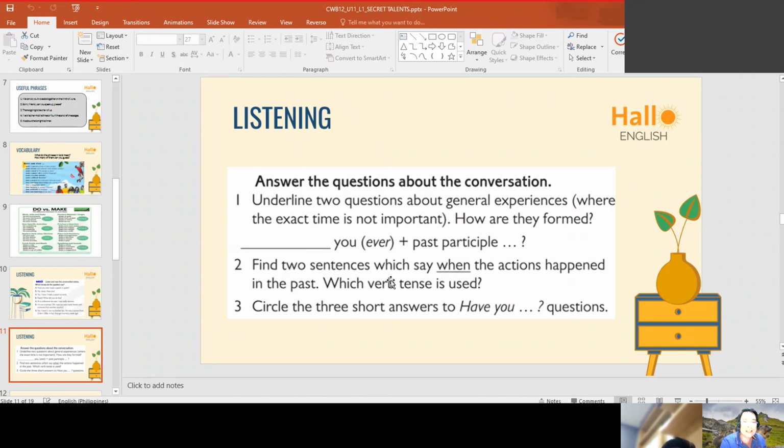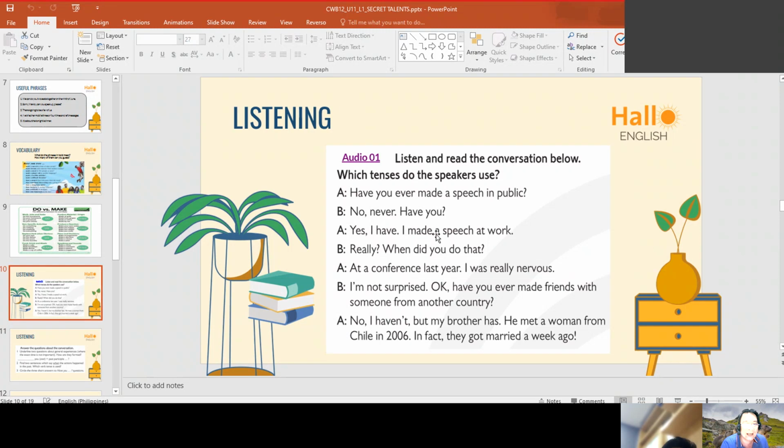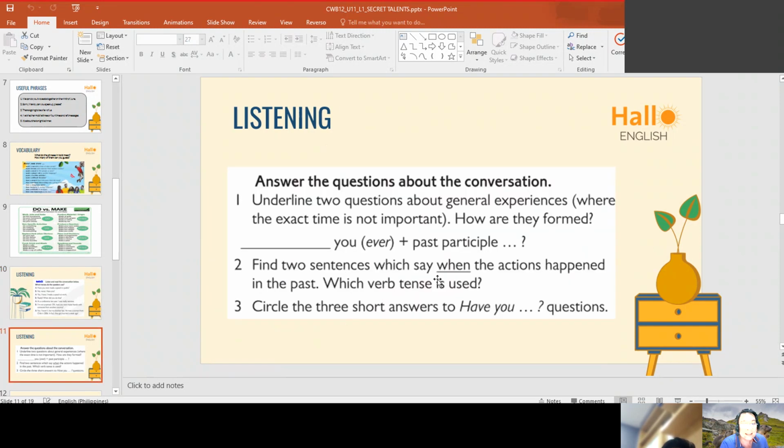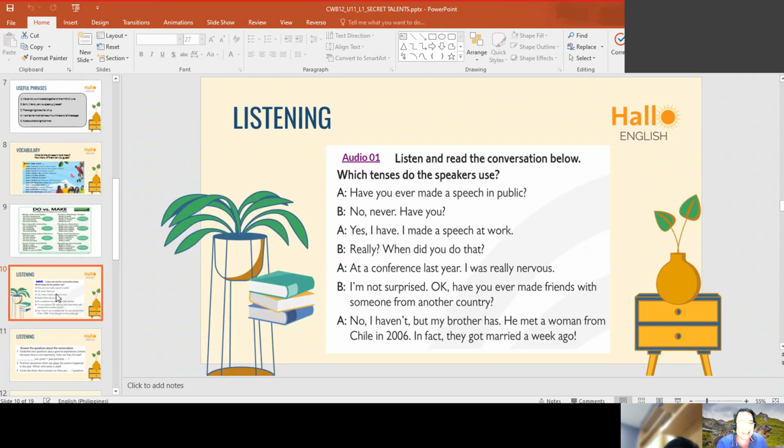Next, find two sentences which say when the actions happened in the past, which verb tense is used. So find two sentences in here that say when. They got married a week ago.